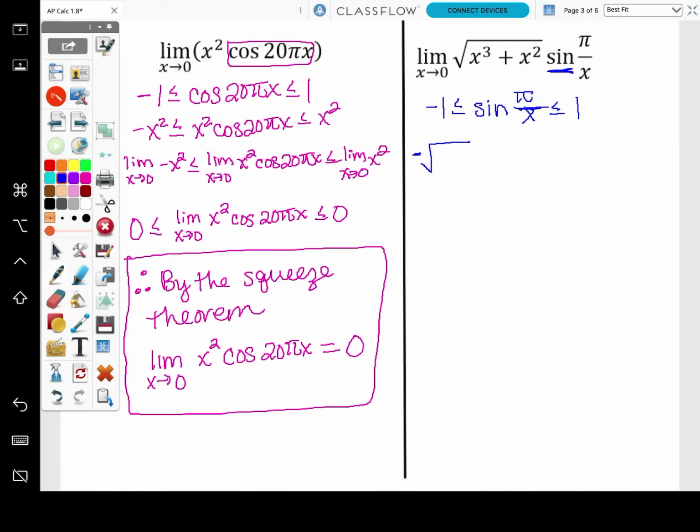So I would have negative square root of x cubed plus x squared less than or equal to square root of x cubed plus x squared sine pi over x, and less than or equal to square root of x cubed plus x squared. Then we do the limit of all three, and I will definitely run out of room.